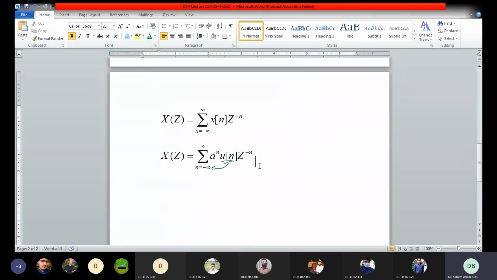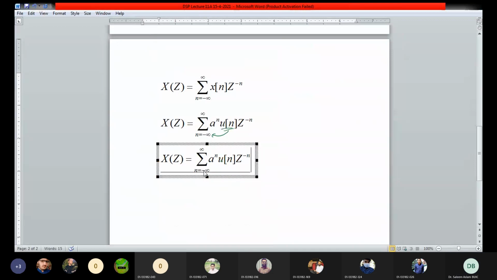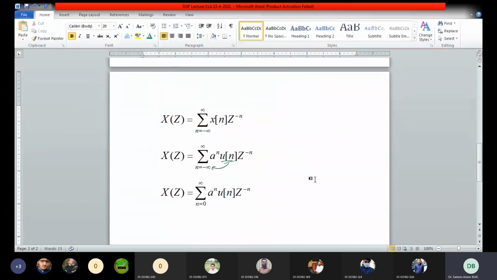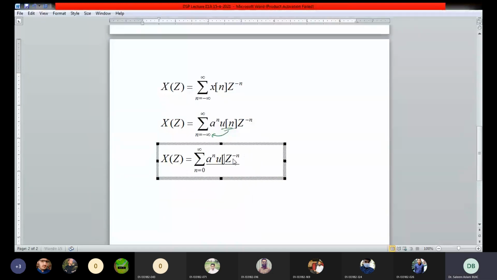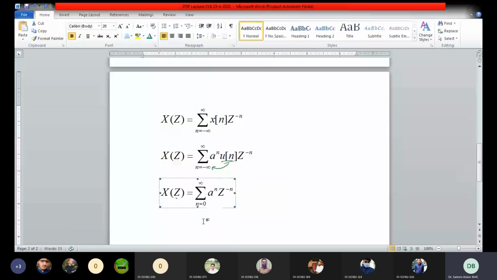So it will change from 0 to infinity, and we will delete u of n because it only controls the limit. Right? So a to the power n, z to the power minus n.